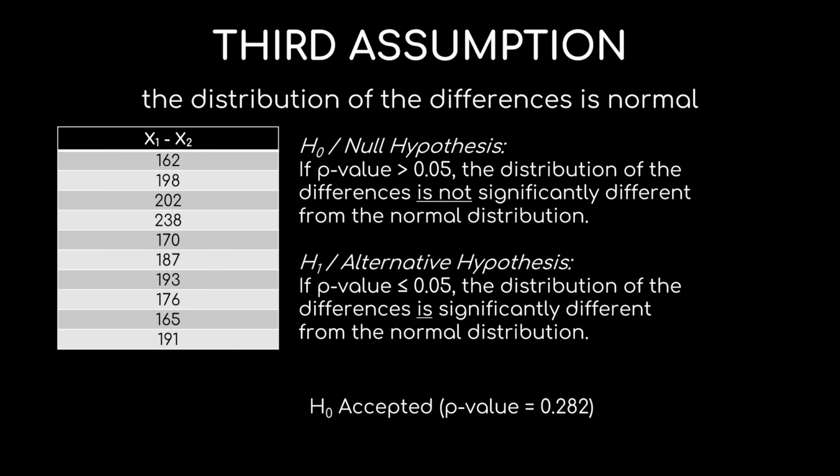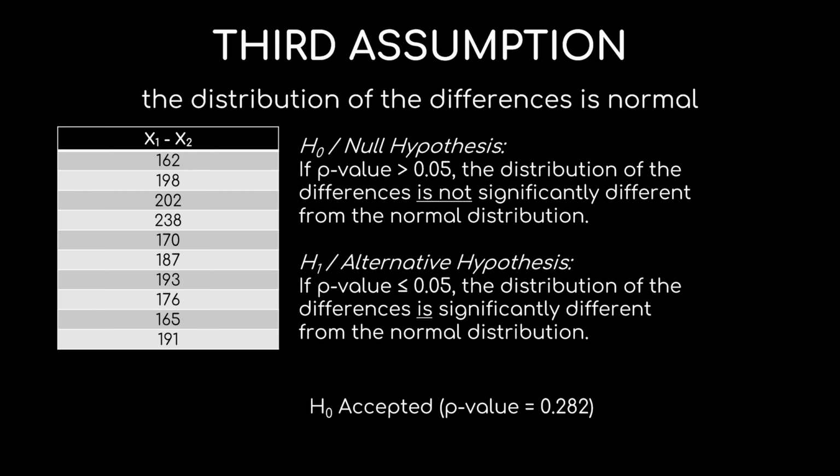Assumption number 3. As the sample size is less than 30, the distribution of the differences must follow a normal distribution. The Shapiro-Wilk test is designed for verifying whether this assumption is met. If the p-value is greater than 0.05, the distribution doesn't deviate from normality, so the null hypothesis is true.